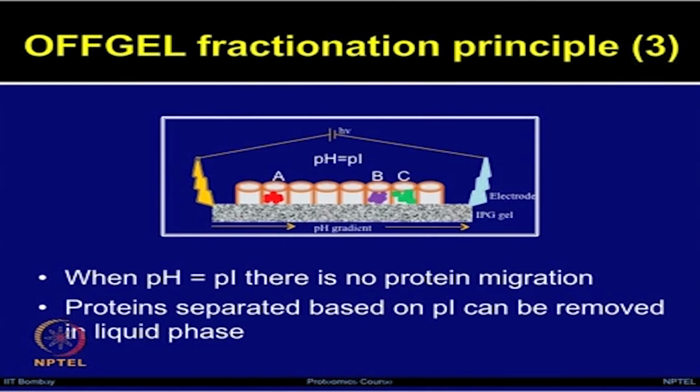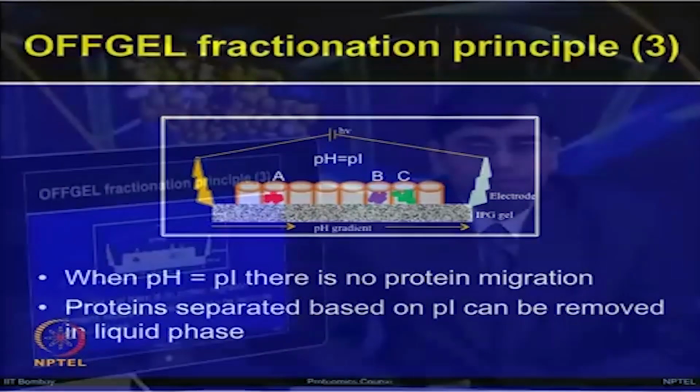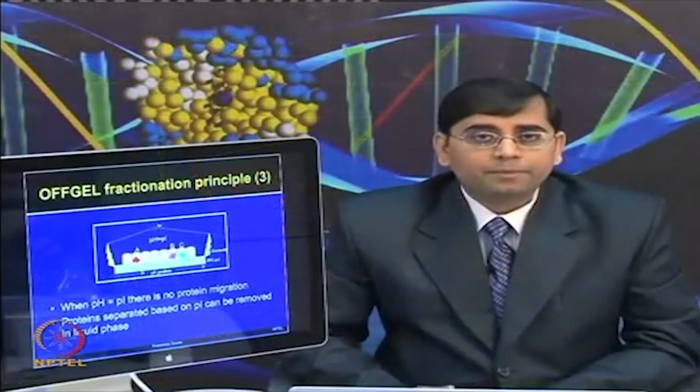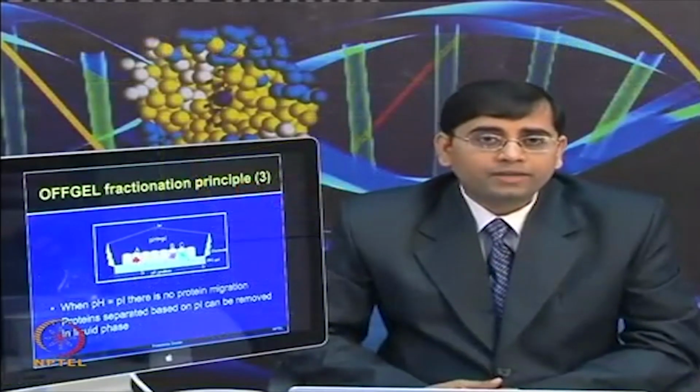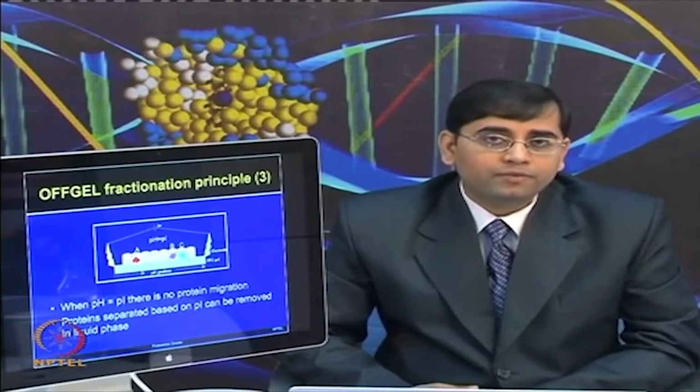For example, A, B and C, you had 3 proteins with different isoelectric points, and you wanted to separate those. In this method, in the pH ranges 4, 8 and 9, you have those fractions which you can collect after doing the isoelectric focusing. So, proteins can be separated based on the isoelectric point, and they can be removed in the liquid phase.